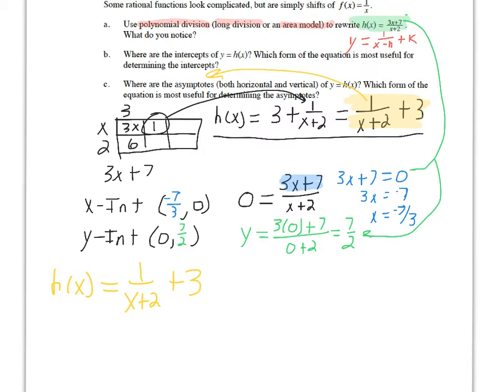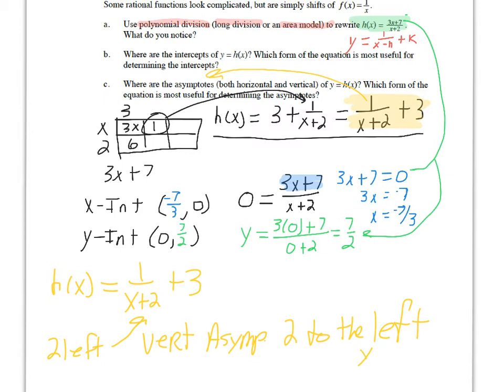plus 3. And if we talk about our transformations, this was a transformation of 2 to the left, which means it's going to move that vertical asymptote to the left, meaning our equation for the vertical asymptote is now x equaling negative 2.